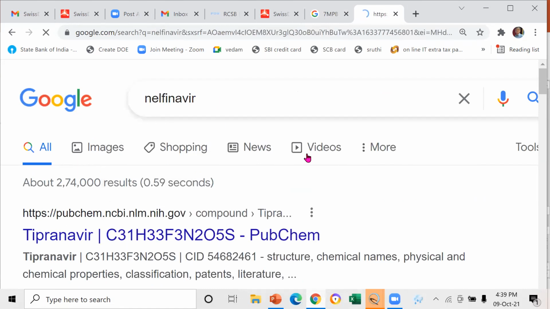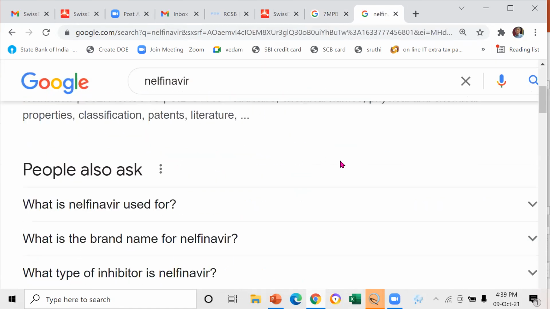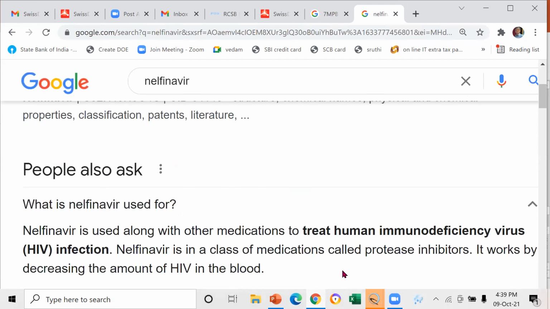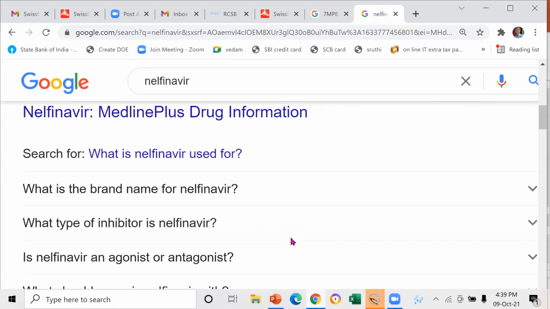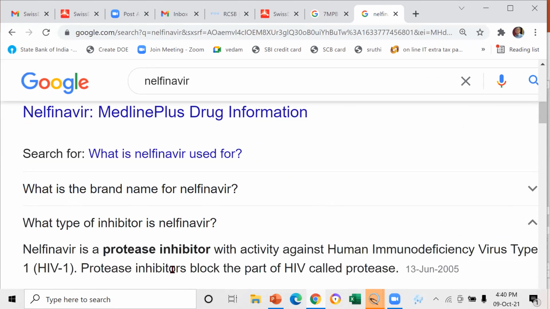Nelfinavir, immunodeficiency virus, HIV infection. Basically, they also work on the protease inhibition. Many HIV drugs also were tested for coronavirus, COVID-19 actually. It's a protease inhibitor.